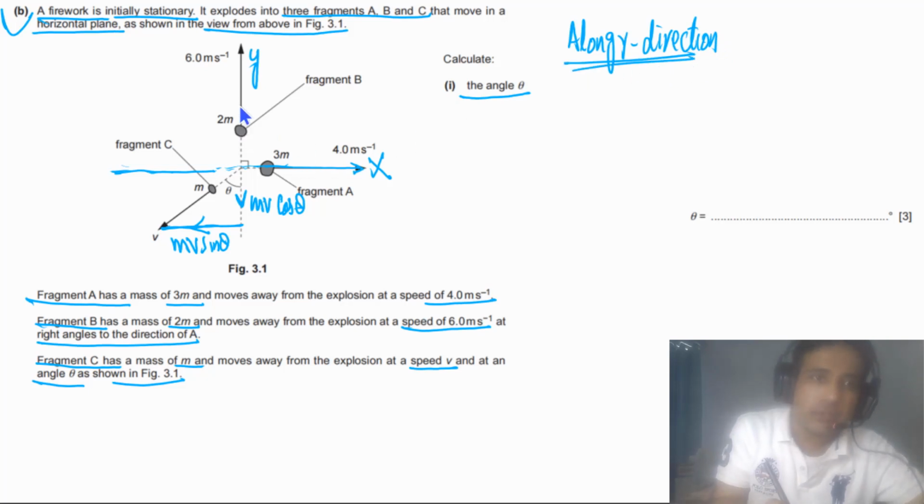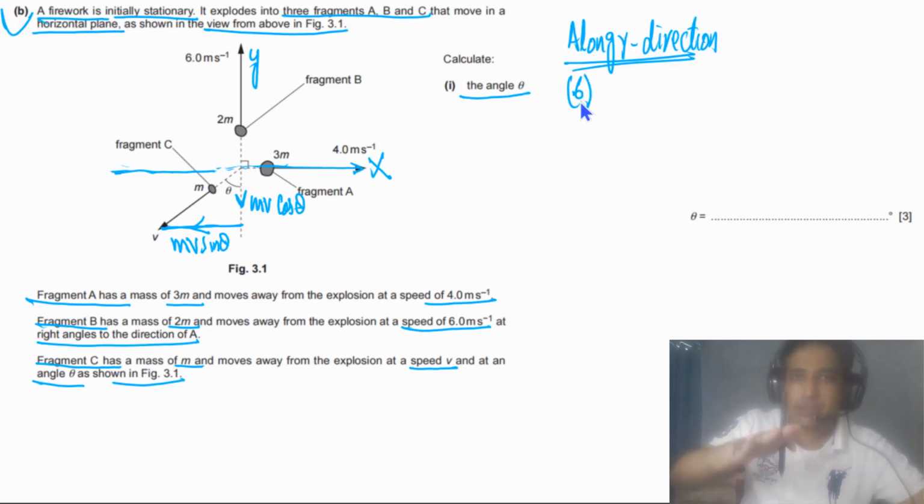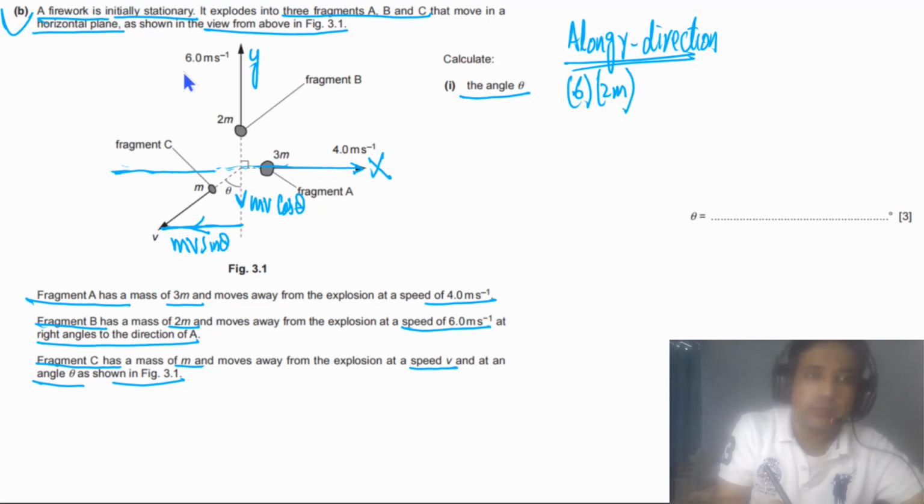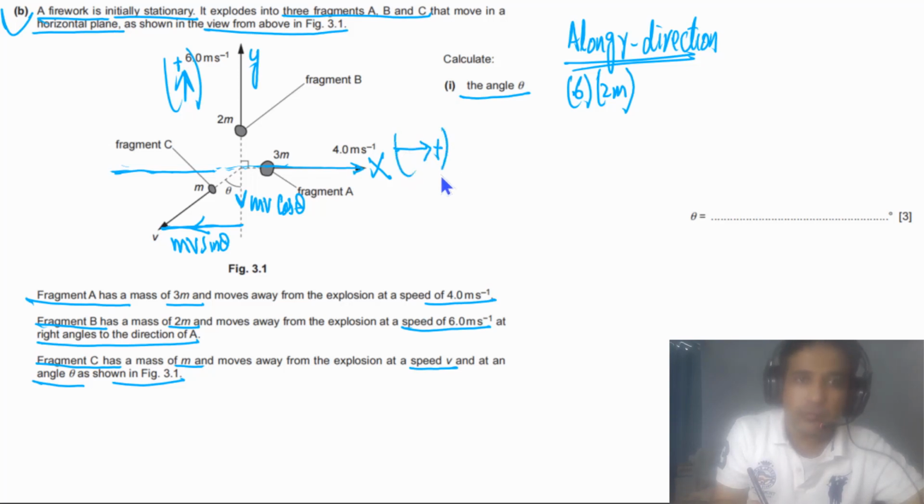Along the y direction, fragment B has momentum that is 6 times 2m. This is not vertically up, it means in the plane, into the page. We can take this direction as positive, and this direction also positive by convention.